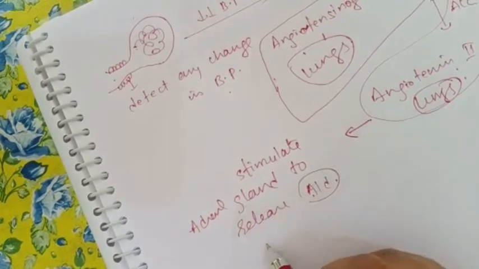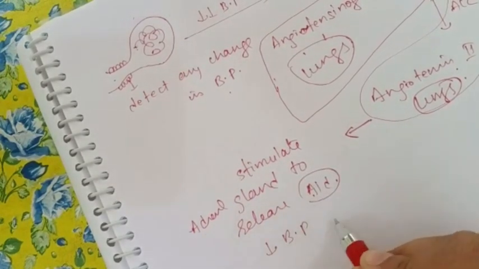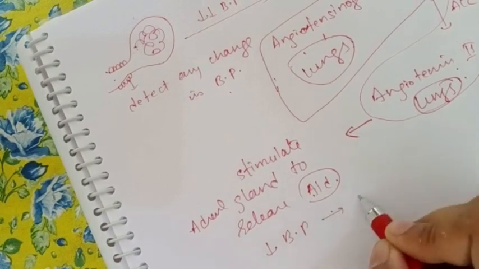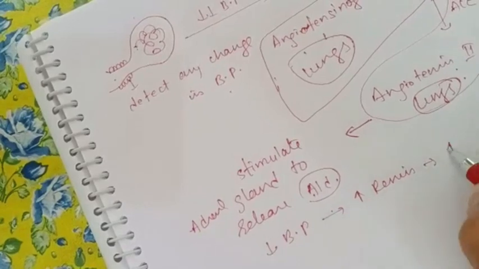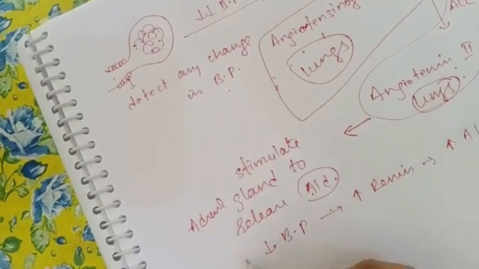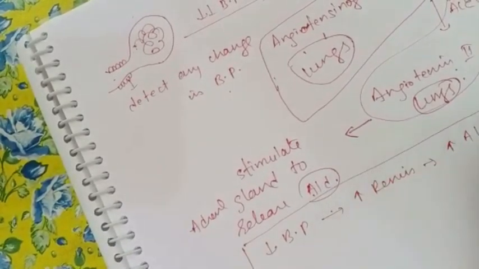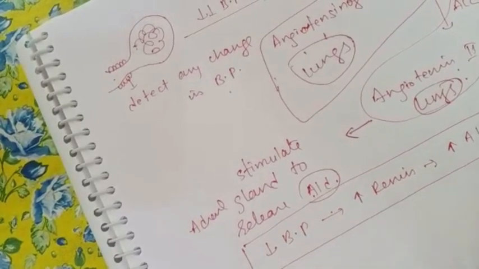So decreased BP will lead to increased renin, which will lead to increased aldosterone. This is the sequence whenever there is low BP.